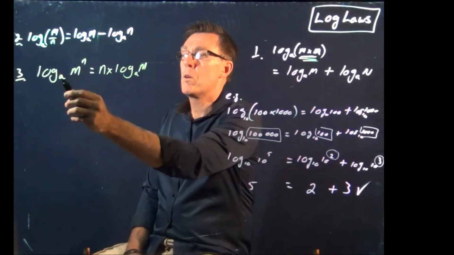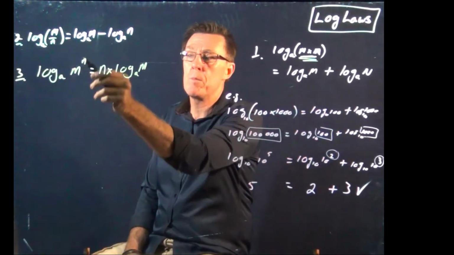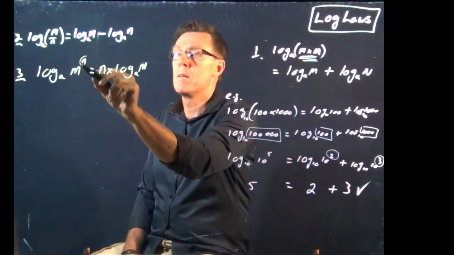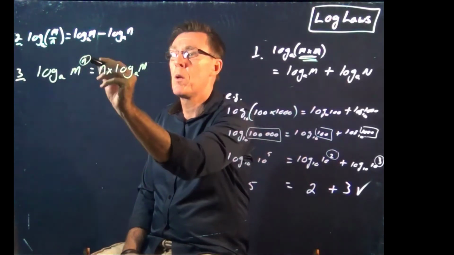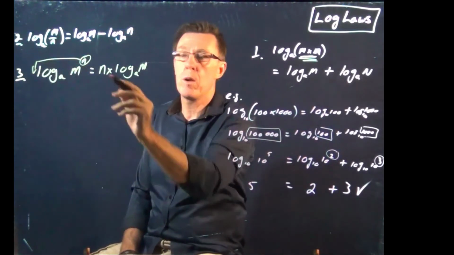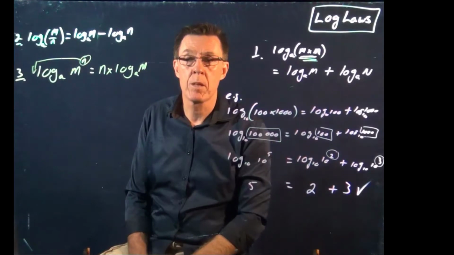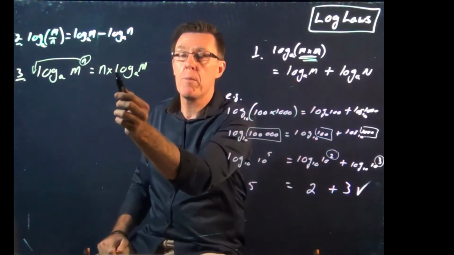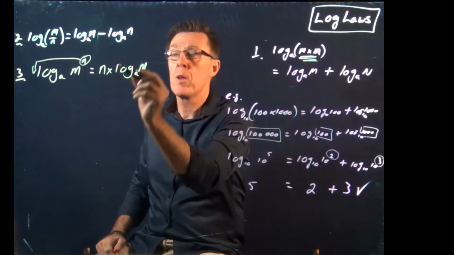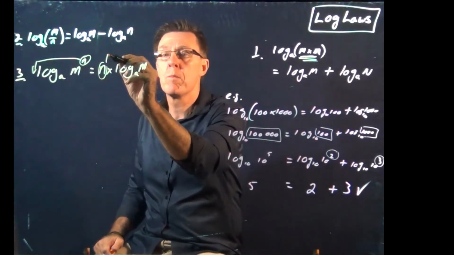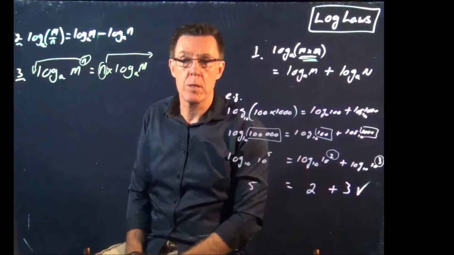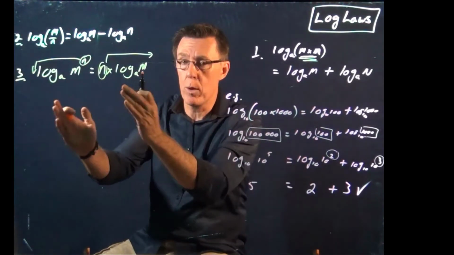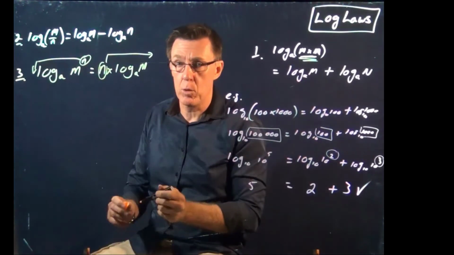So the log base a of x to the power of n, take that index there, whack it at the front as a multiplier, and you have exactly the same thing. Mind you, the same law runs in reverse. If you ever have a number out the front as a multiplier, you are allowed to put it back up there as an index. So remember, these laws always run both ways. So there's law number 3 for you.